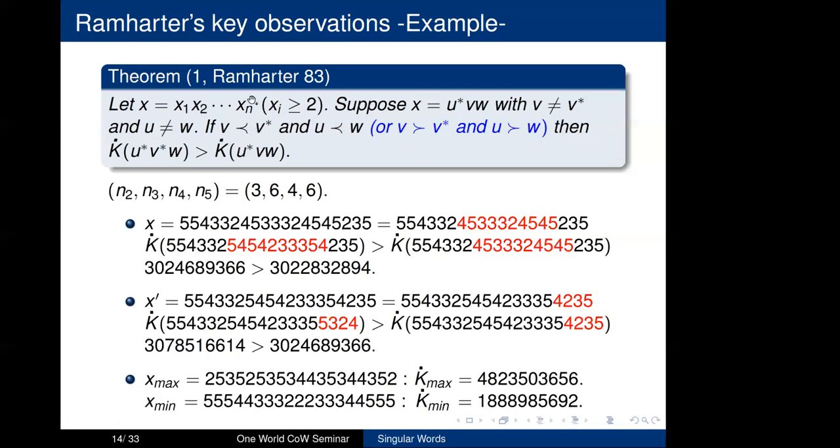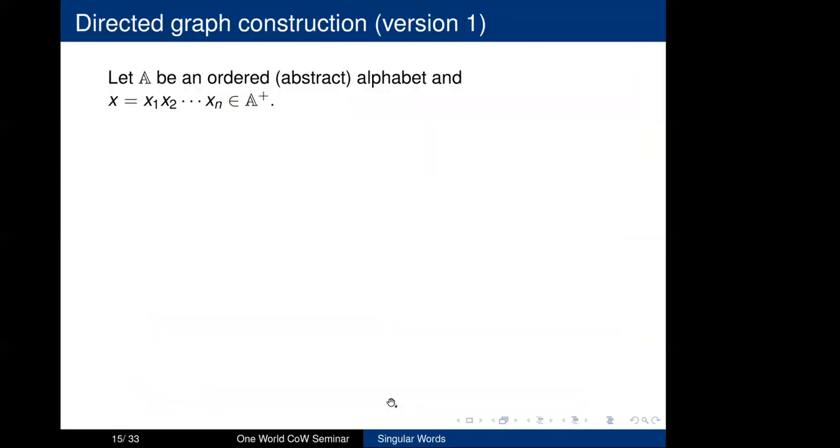So using this theorem, we could endow the abelian class of this word with the structure of a directed graph, and this directed graph will not have cycles. Of course, the words we're interested in are exactly the vertices that have out degree 0, like this one, for example. And on the opposite side, you have the vertices that have in degree 0, for example, this one.